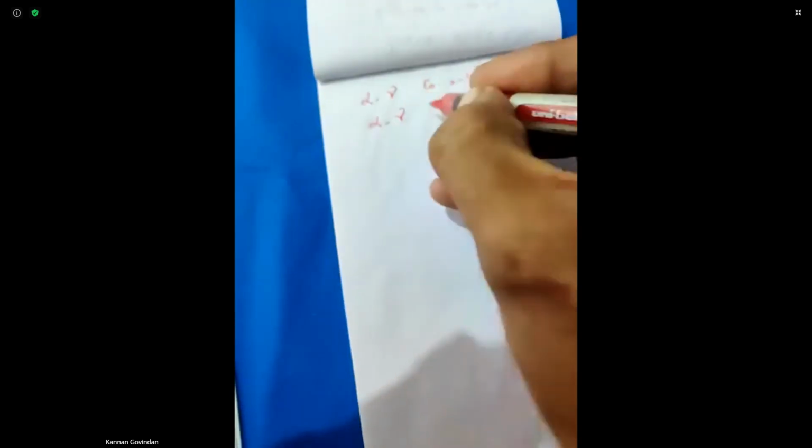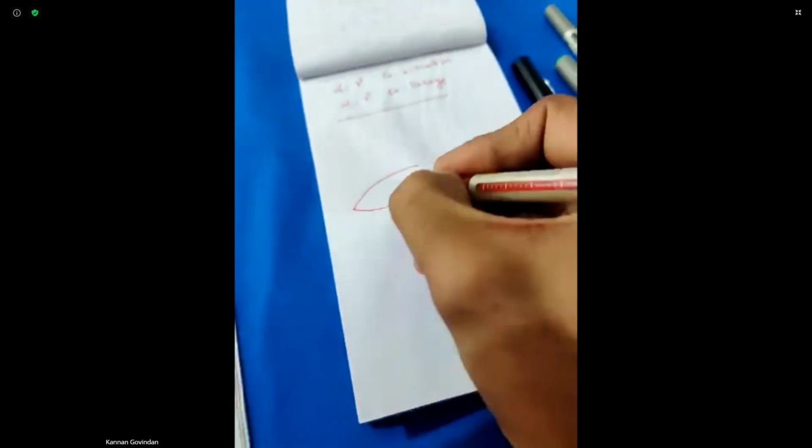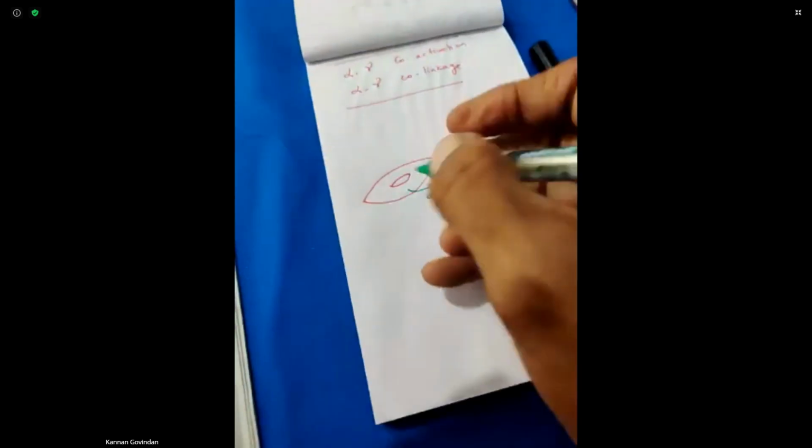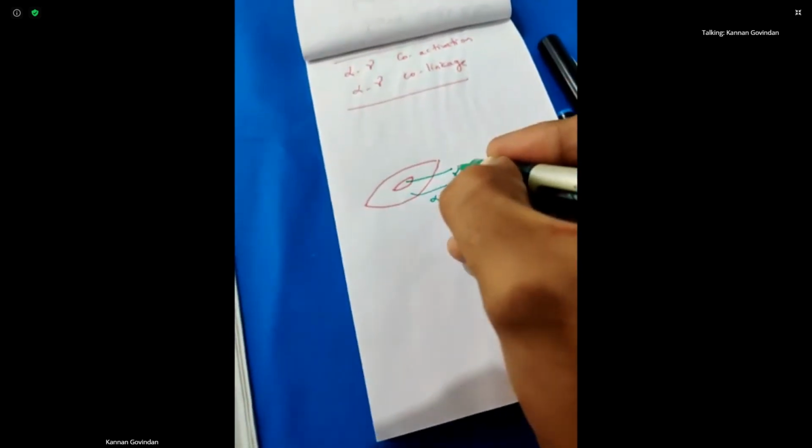Now coming to the end, there is a concept called alpha gamma co-activation or alpha gamma co-linkage. Imagine this is the muscle, this is the muscle spindle, this is the alpha motor neuron supplying the extrafusal fibers, and this is the gamma motor neuron supplying the muscle spindle.